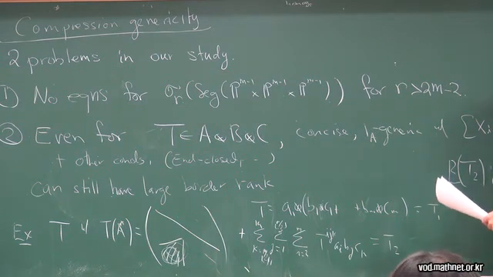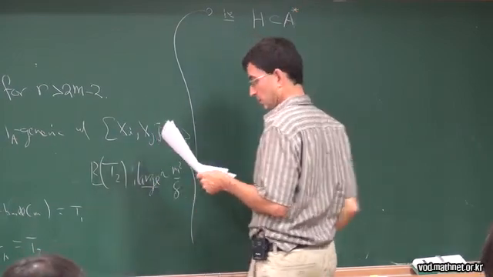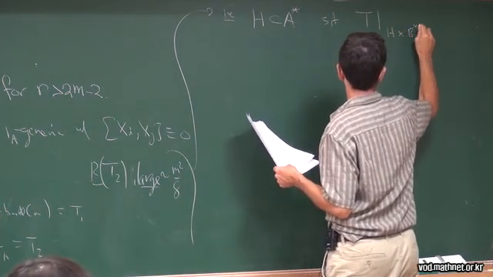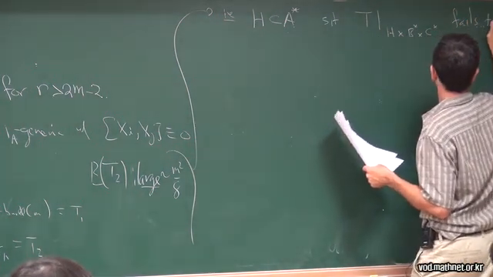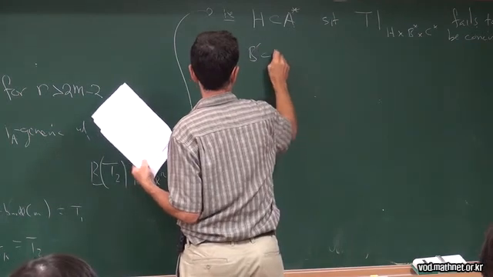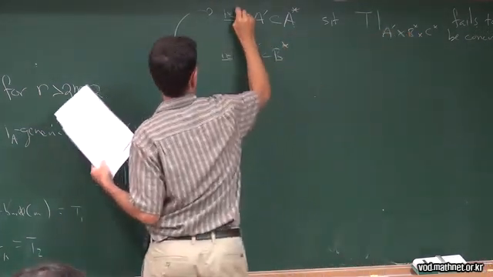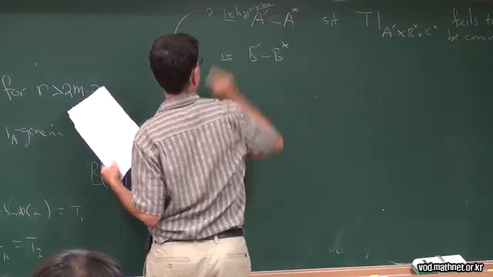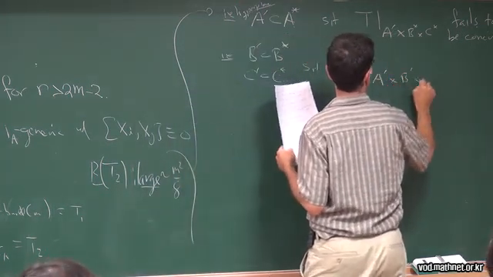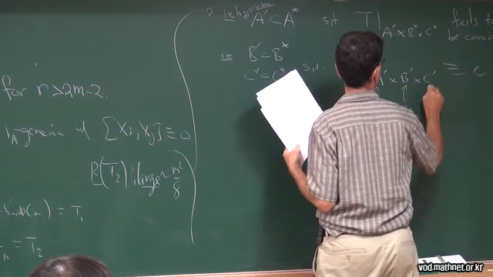So another way of saying this problem is, there's some hyperplane inside A dual such that T restricted to this hyperplane cross B star cross C star fails to be concise, i.e. there exist A prime, B prime in B star and C prime in C star such that T restricted to A prime cross B prime cross C prime is identically 0, where this is of dimension m minus 1, this is of dimension m over 2, and this is of dimension m over 2.